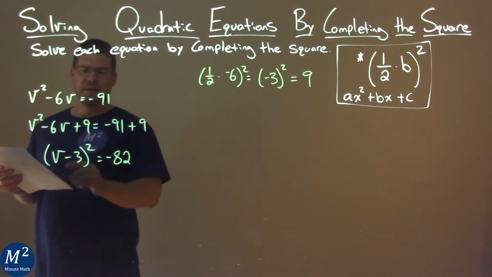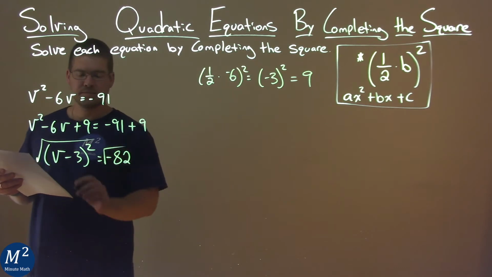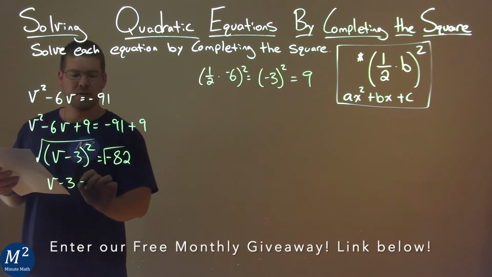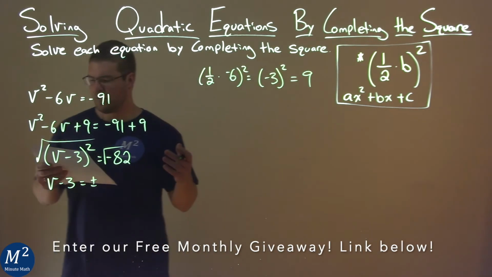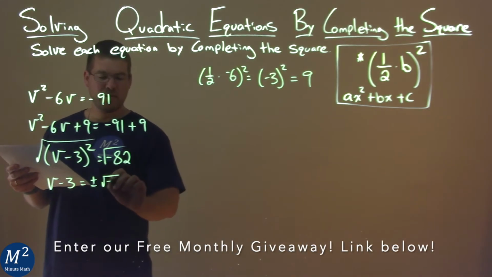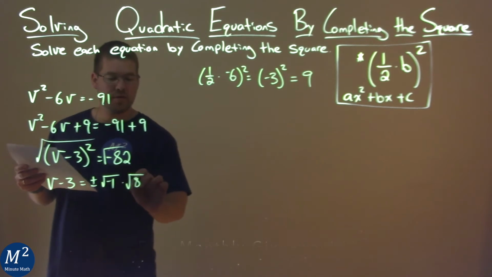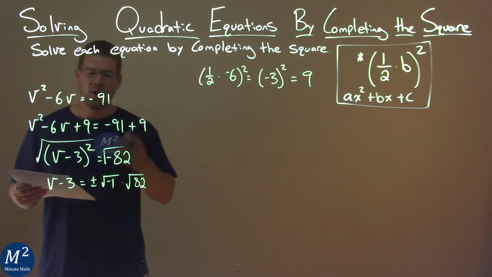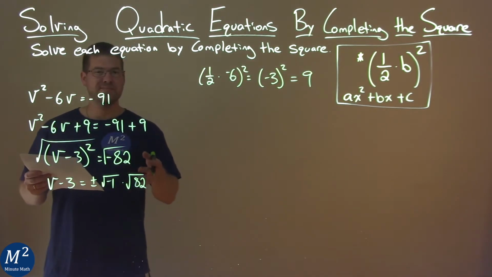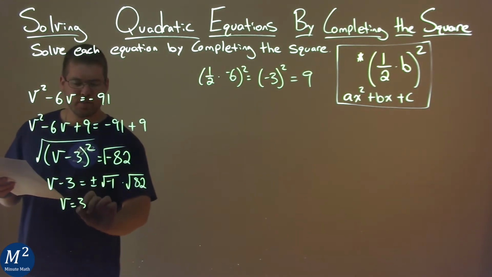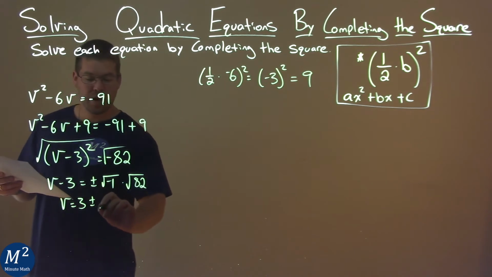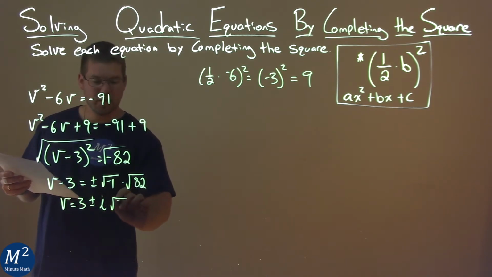So now from here we can take the square root of both sides of the equation, and we have v minus 3 on the left, plus or minus, don't forget it, the square root of negative 82, which we can write as the square root of negative 1 times the square root of a positive 82. Well, what do we know about the square root of negative 1? That's i. So we add a 3 to both sides, and we have v equals a positive 3 plus or minus that i times the square root of 82.